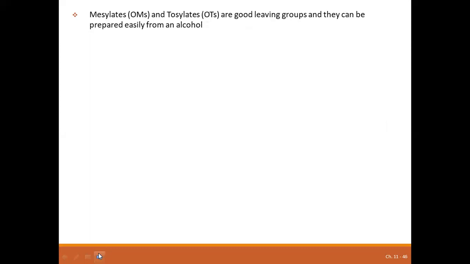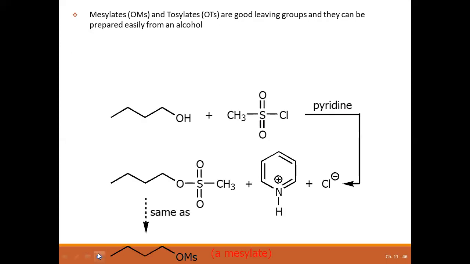We have already seen earlier the reactions that make OH a leaving group. Either we protonate it to become OH2 plus, or we react it with PBr3 or SOCl2 with pyridine, making it a good leaving group once it forms a bond with the S. Then another way is we can derivatize it with mesylates and tosylates.